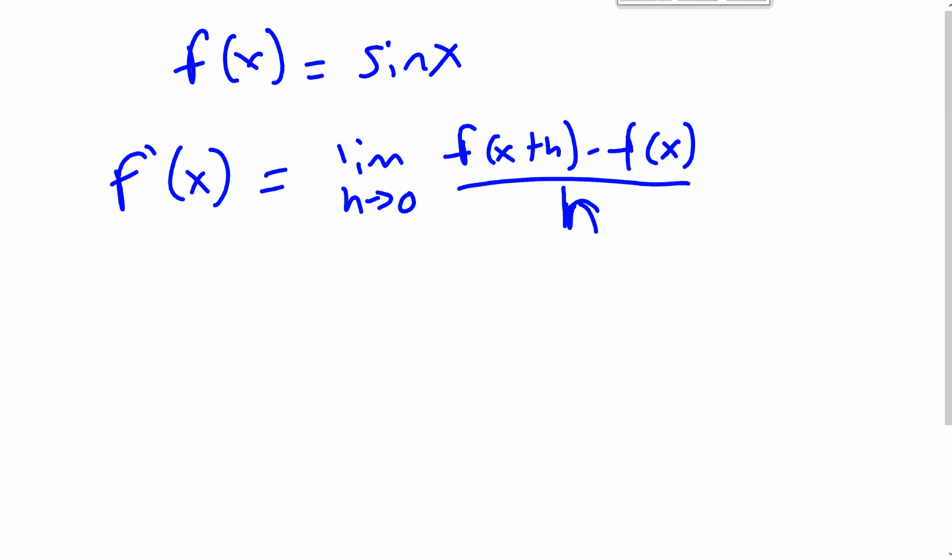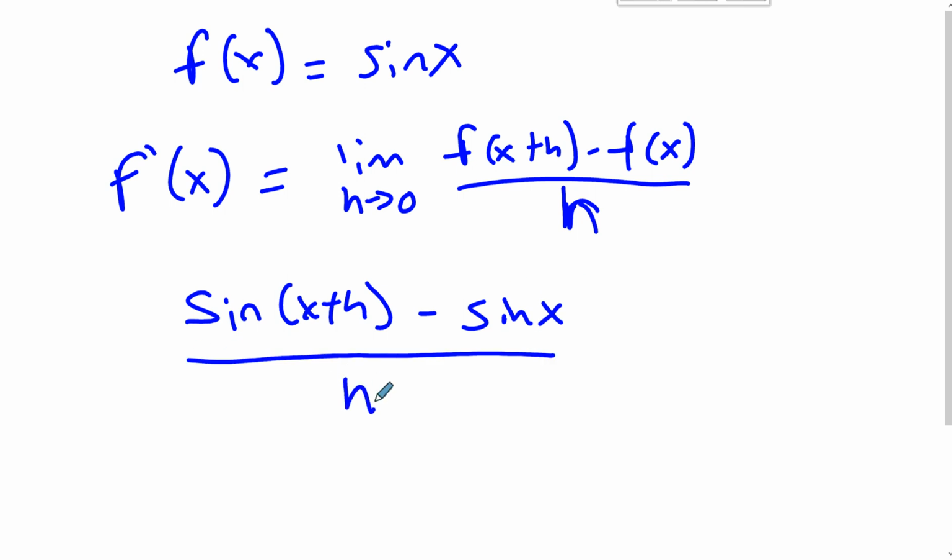And we can go ahead and prove that by taking the limit of the difference quotient. So that'd be sine of x plus h minus sine of x, all over h. Remember, I have to simplify this in order to get an h out, so that the h can cancel, and then I can put the limit as h goes to 0.